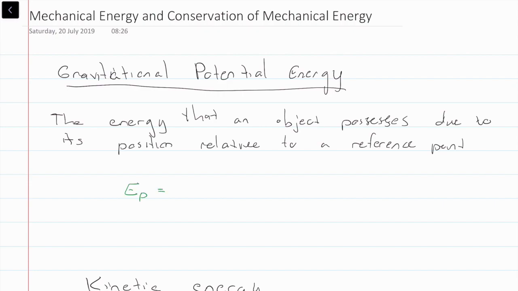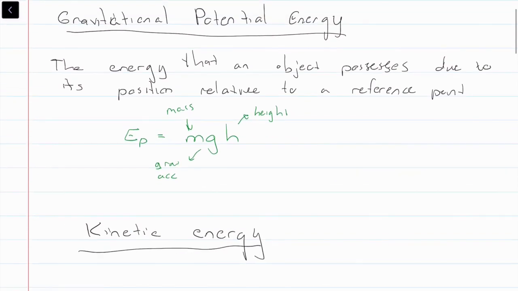The potential energy is equal to mgh, where m is your mass, g is your gravitational acceleration, and h is your height. Basically, if we have some object, let's say with a mass of 2 kilograms, and it's some height above the ground, then this object has some stored energy, some potential energy.